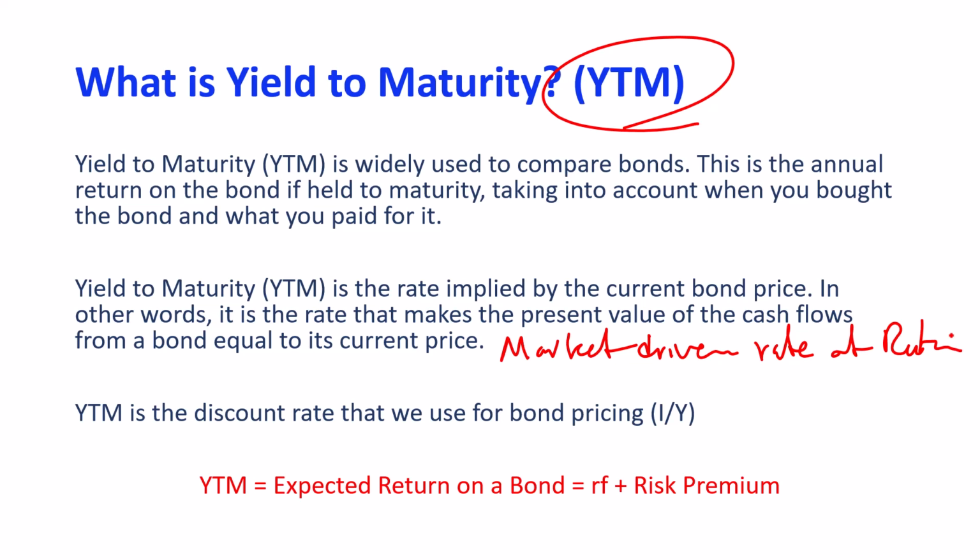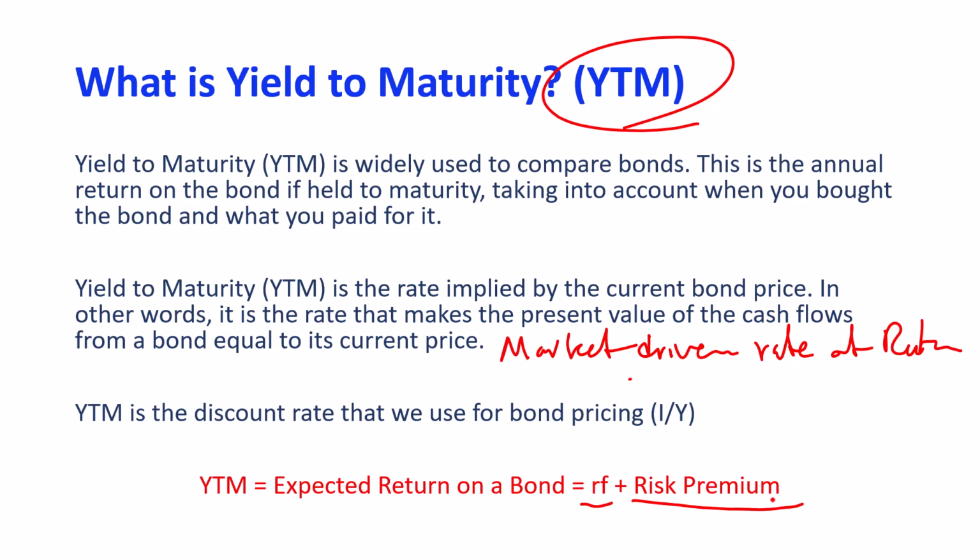How can we calculate it? First of all, what goes into yield to maturity? So yield to maturity is the expected rate of return on a bond. So expected rate of return on any asset would be the risk-free rate plus some risk premium. In other words, if you are a risk-averse investor and you don't want to invest your money in a risky asset such as a bond or a stock, you're going to put your money in US treasuries, for example, which are considered risk-free.